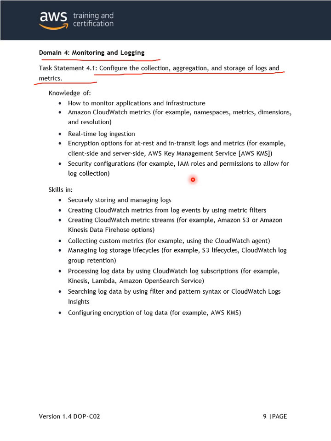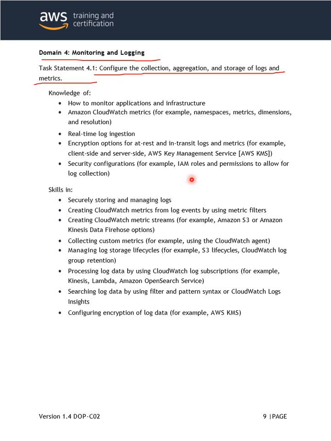How we use the encryption keys. Skills in storing and managing logs, CloudWatch metrics, custom metrics, managing log storage lifecycle, S3 lifecycle, CloudWatch log group retention.